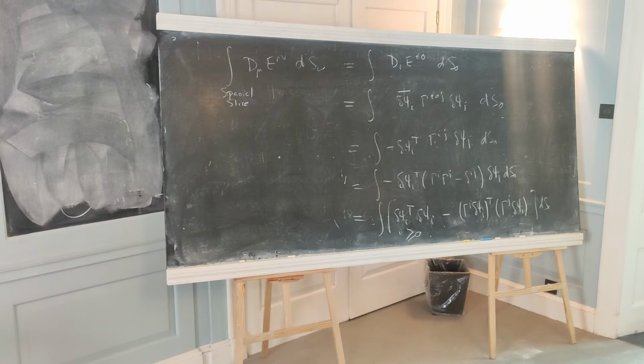So the claim is you can find an epsilon such that gamma I delta psi I equals 0. This is like a Dirac equation.